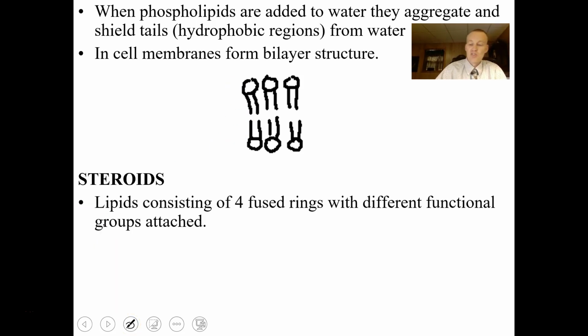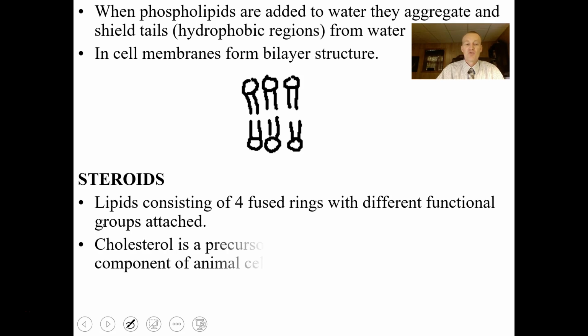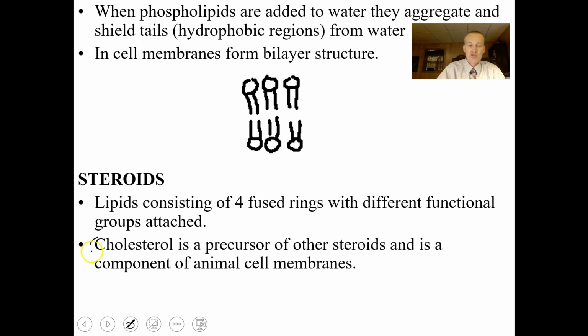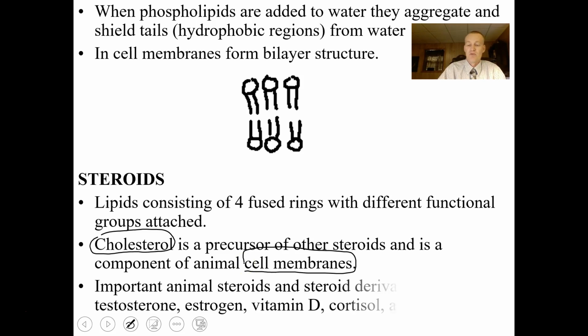So steroids are another type of lipid, and they consist of 4 fused rings with different functional groups attached to them. Cholesterol is the precursor to our steroid hormones, our steroids in our body, and cholesterol is also an important component of cell membranes.